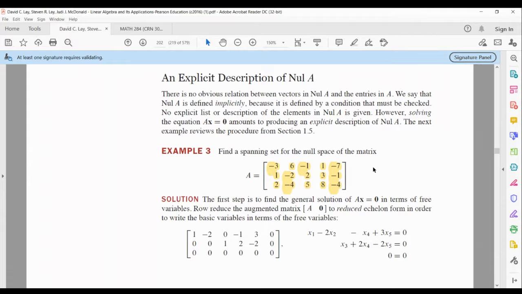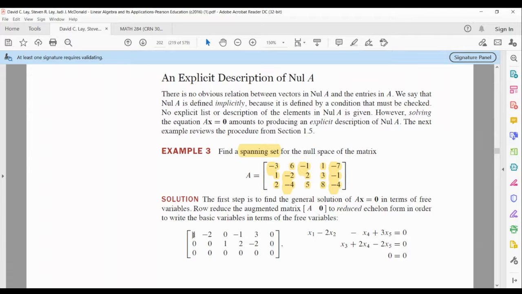The subspace is created by a linear combination of those vectors. And so the vectors basically are the foundation of the subspace. So when they say spanning set for the null space of this matrix, that's what they mean.